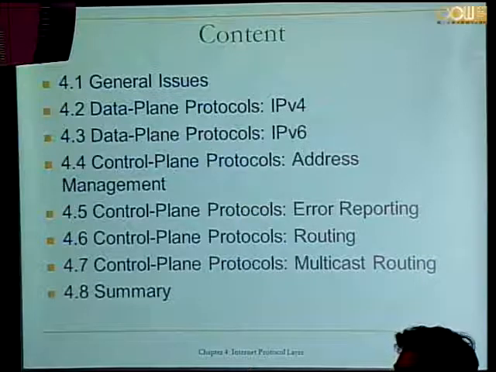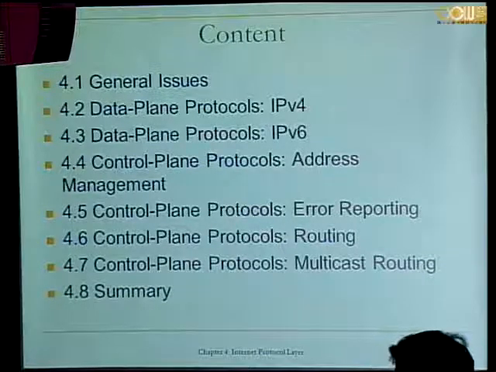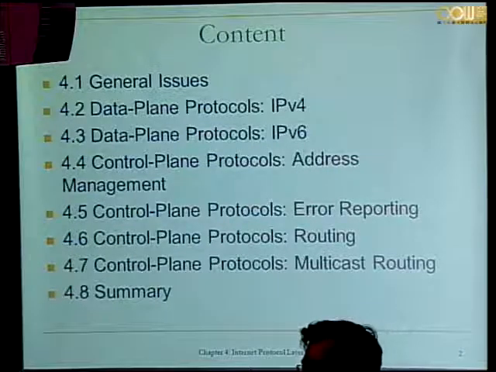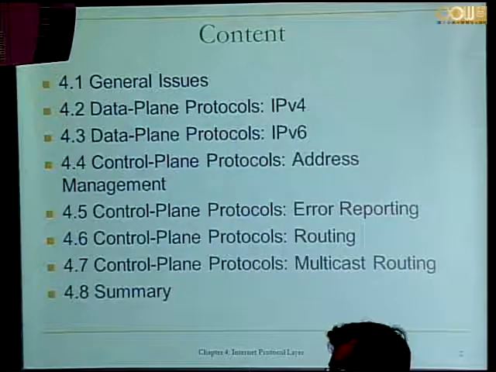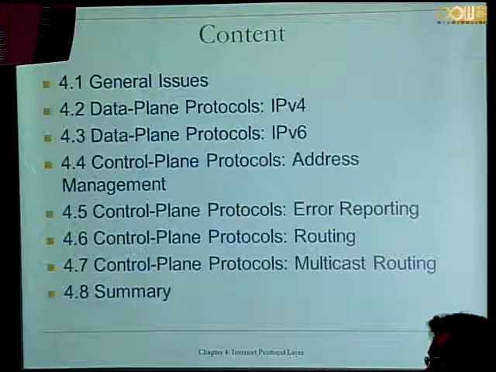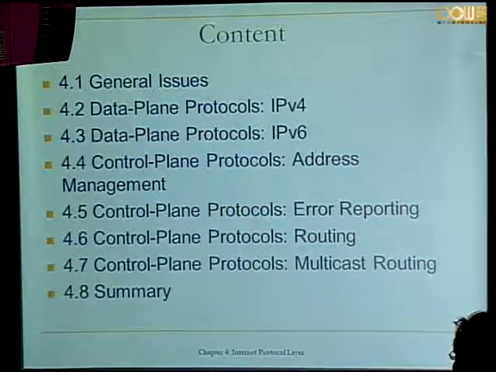Say on NCTU, there is an IPv6 beta site that has IPv6 clients or servers. So the switches and routers on a campus need to handle both IPv4 packets and also IPv6 packets. So we look at these two.